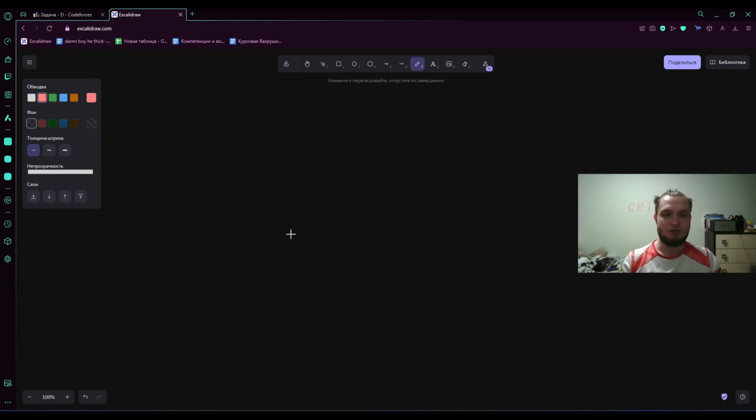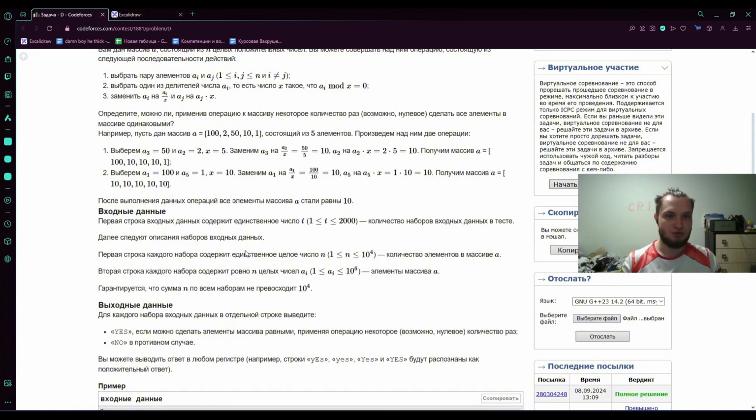For example, if a prime divisor, for instance 2, 3, 5, and so on, appears n times, where n is some constant, then we can distribute this multiplier across the array evenly. As you can clearly see, that's how it happened right here.